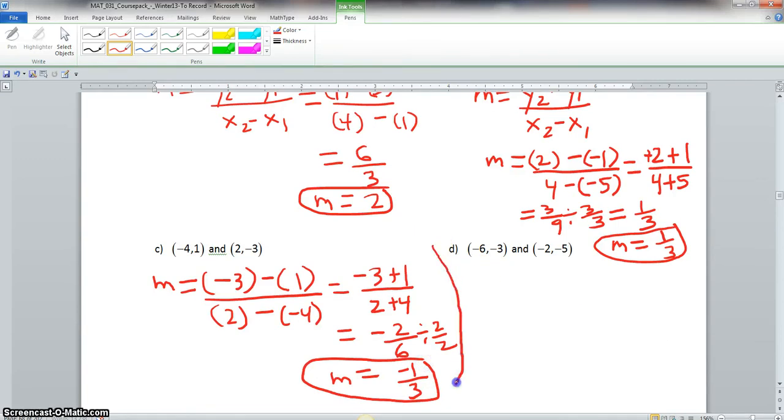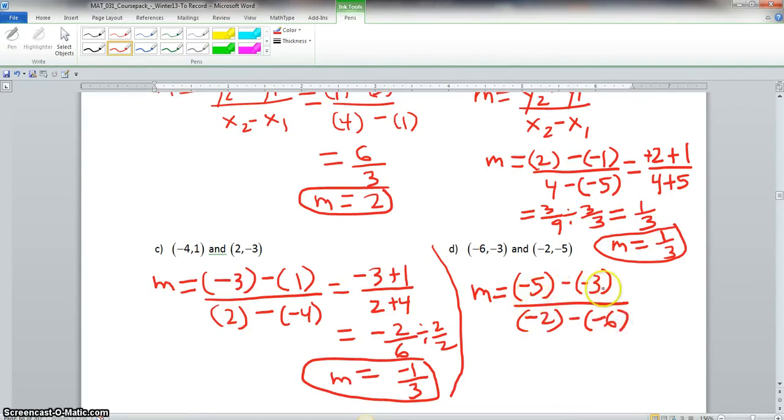Now we go here to D. Now we do the same thing. Y sub 2 is negative 5 minus y sub 1, which is negative 3, all over, we will have x sub 2 minus x sub 1.